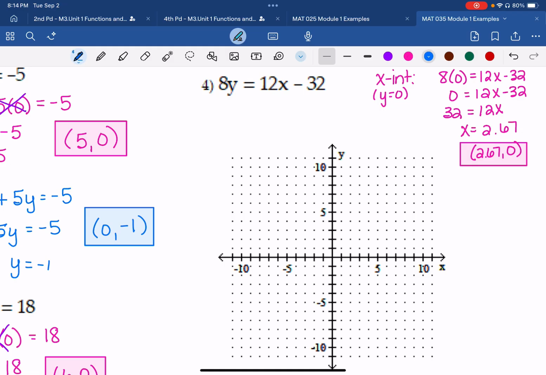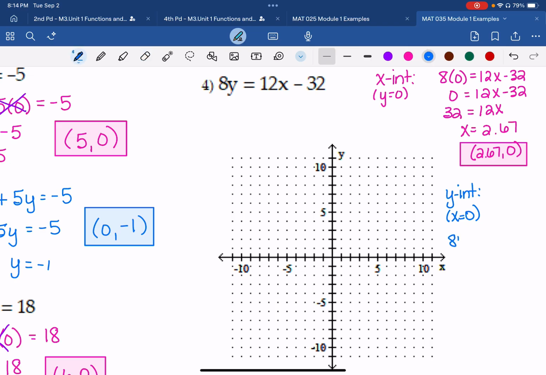Then we're going to do the same thing for the y-intercept. That is when x is equal to 0. So I've got 8y equals 12 times 0 minus 32. Let me rewrite that on another line. Don't quite have enough room, so let's try that again.